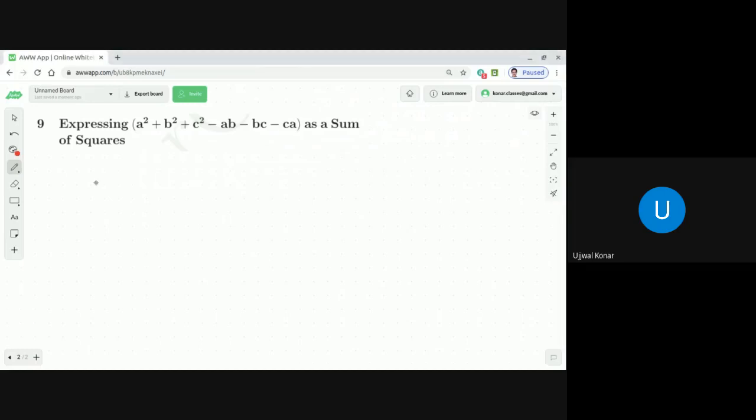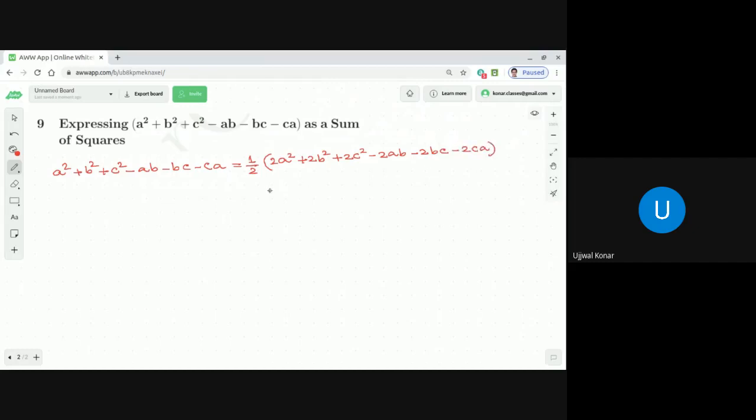a square plus b square plus c square minus ab minus bc minus ca, that we can write as, we can multiply it by 1 by 2, and to keep it the same, we multiply with 2. 1 by 2 into 2 stays the same, so 2a square plus 2b square plus 2c square minus 2ab minus 2bc minus 2ca.